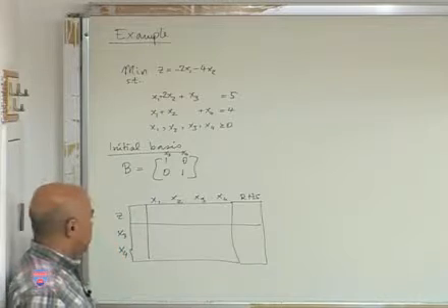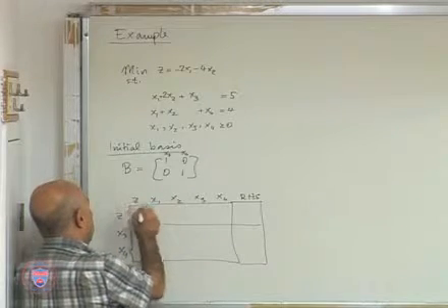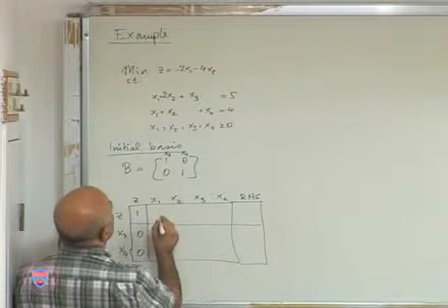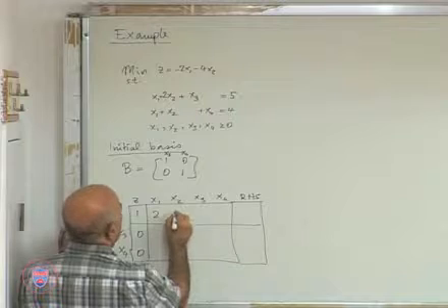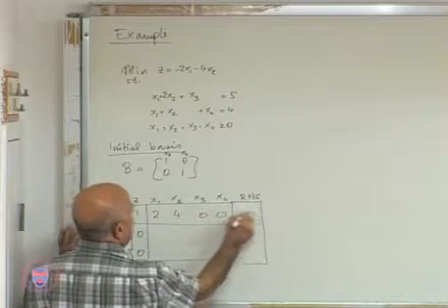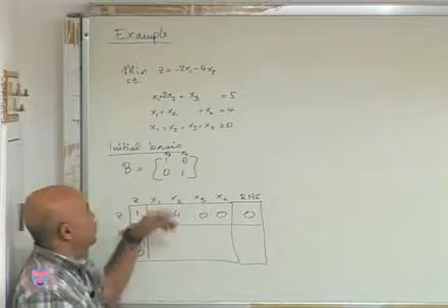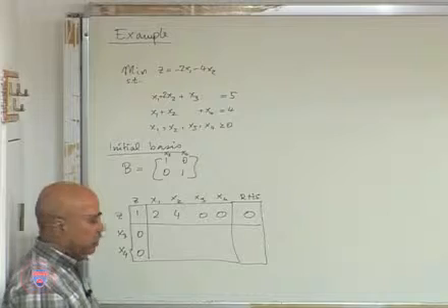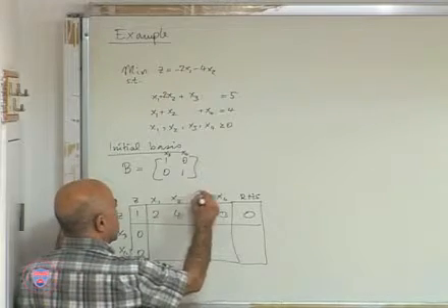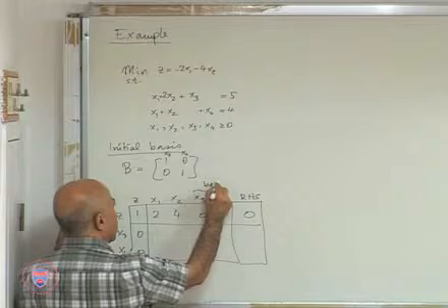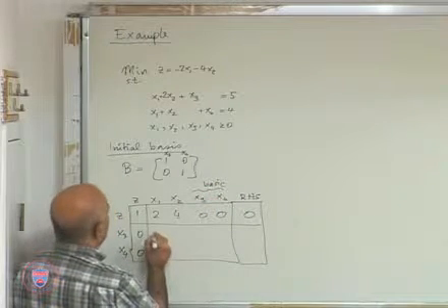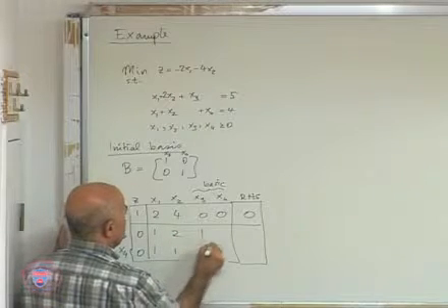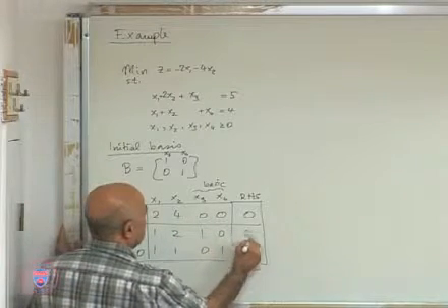Your basic variables are x3, x4, and you've got 1, 0, 0, and then you've got 2, 4, 0, 0, 0. That's the row 0 equation if you just take the xj's to the left side of that equation. These are your basic variables. And you've got 1, 1, 2, 1, and 1, 0, 0, 1, and 5, 4.